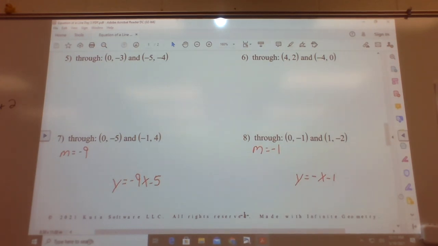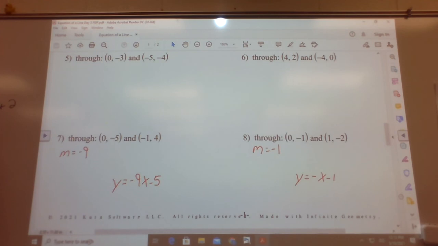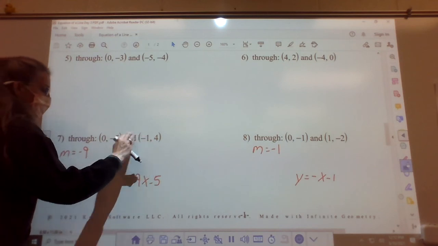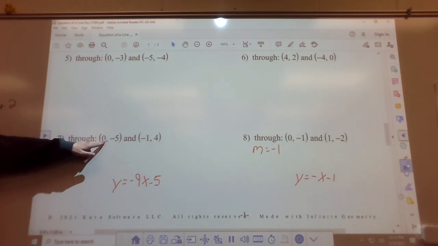So 7. Does anybody need any help getting to the negative 9 slope? Are we okay with negative 9 slope? Once you know the slope was negative 9, you could pick either point. Which point, somebody say which point they want me to use. 0, negative 5. You might have picked the other one and that's okay.